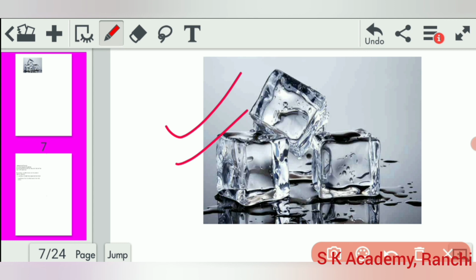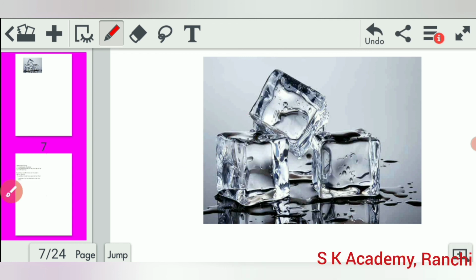How are these ice cubes in the form of a concrete shape, or in the solid form? This is because the particles making these ice cubes attract each other and hold the ice cubes together. So we can say that particles of matter attract each other and keep the substance together in a solid form or in a concrete form. Okay, so I hope you have got the concept.